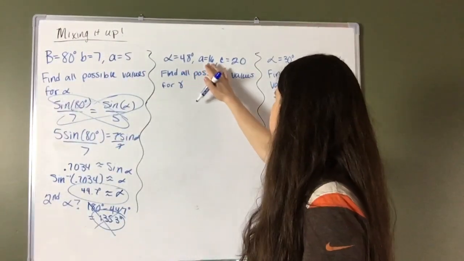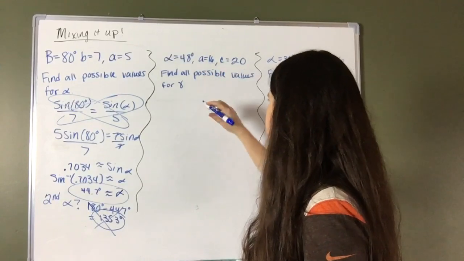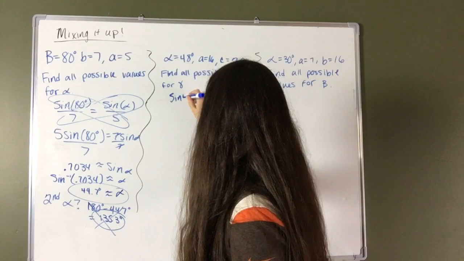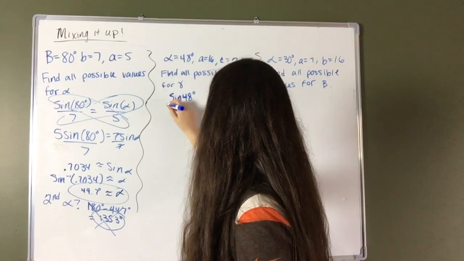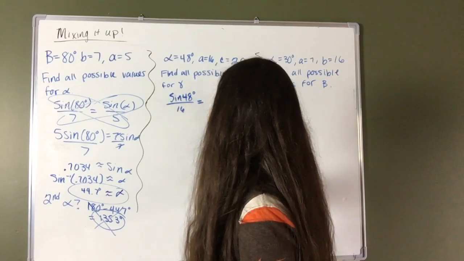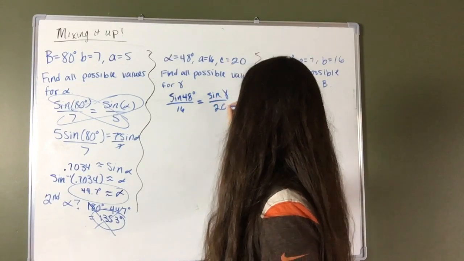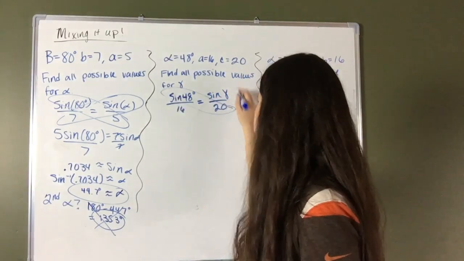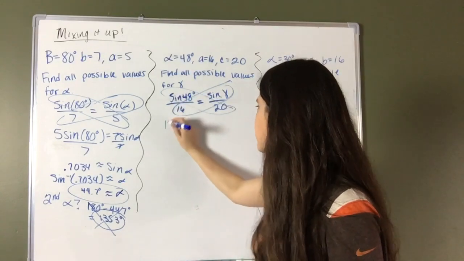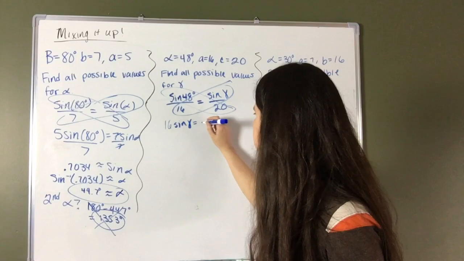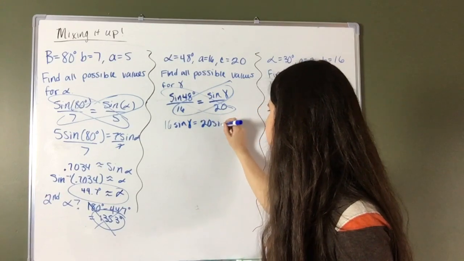Alpha is 48 degrees, A is 16, and C is 20. We could set up our law of sines again. Sine of 48 degrees divided by 16 has to equal sine of gamma divided by 20. And then cross multiply. So 16 sine gamma equals 20 sine 48.